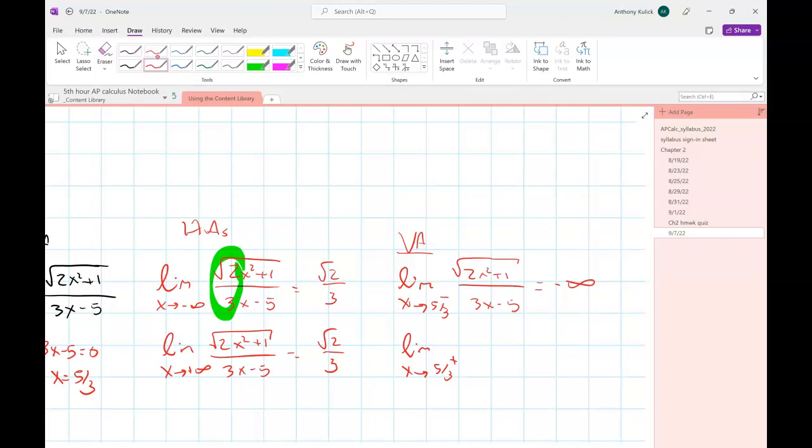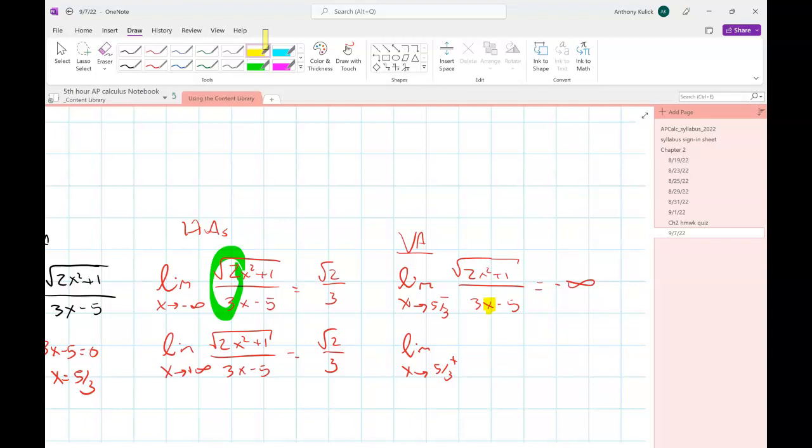Since I have a very, very small negative number in the denominator, but just a regular old normal sized positive number in the numerator. Everybody's cool? If I plug in something a little less than 5/3, I'm going to get a negative number, right? 3 times that minus 5 is going to be negative.